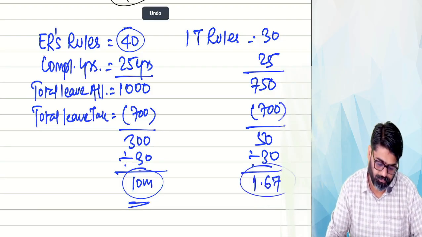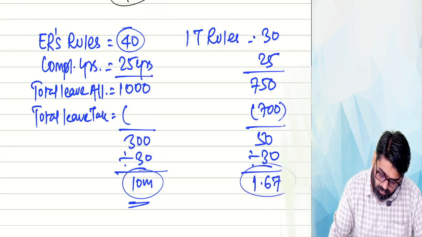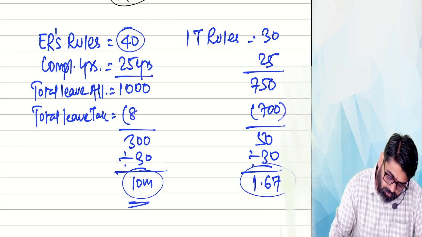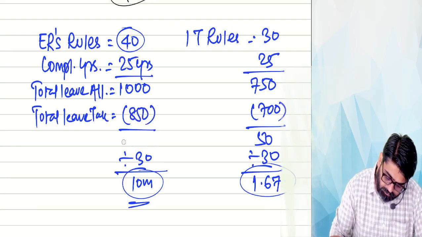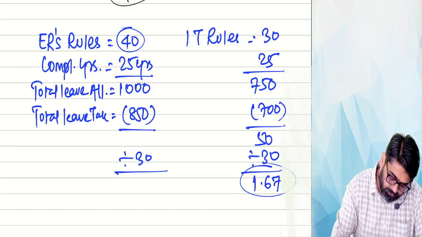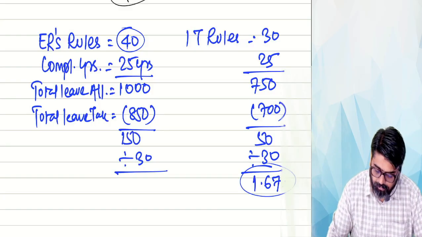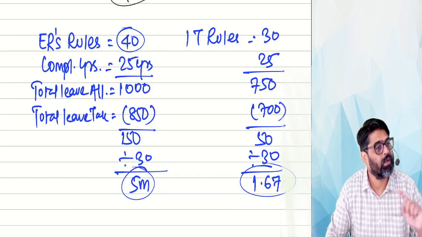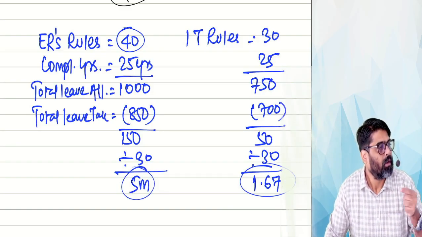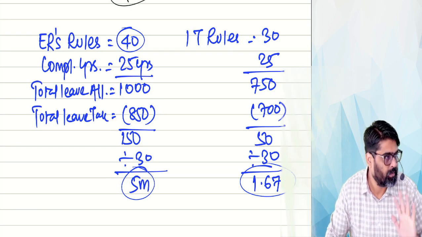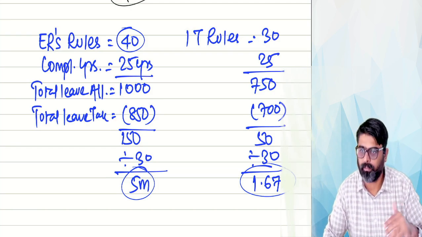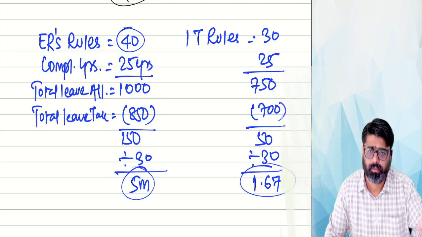Now tell me, what if this was 850? Possible, not possible? Calculate. 150 divided by 30, you have 5 months leave credit. So as per the employer, encashment will be given for 5 months. As per the employer, you will get the encashment of 5 months.